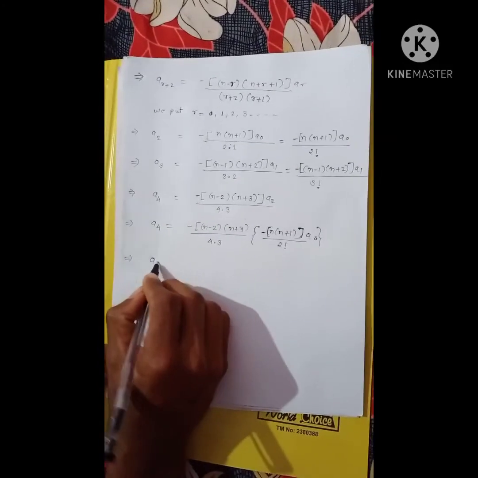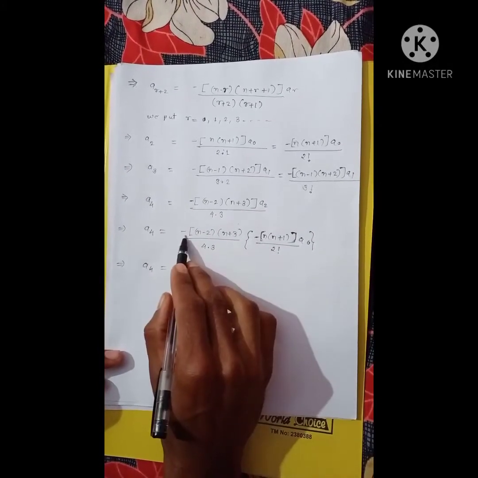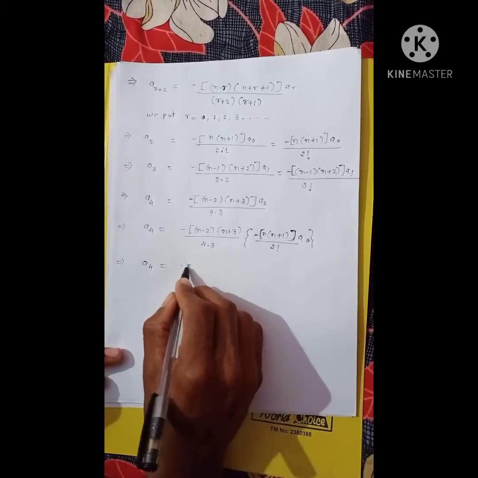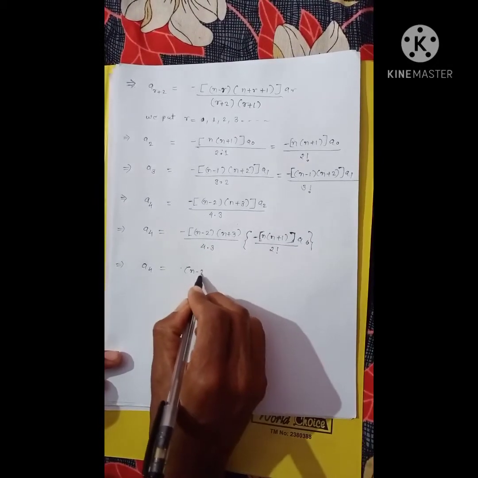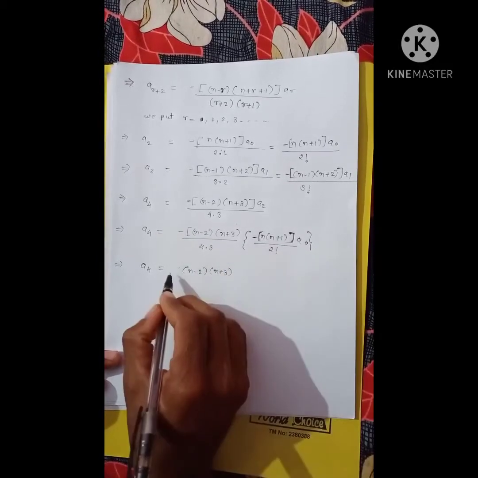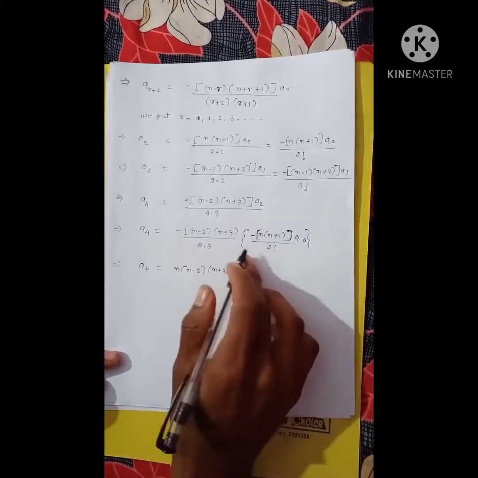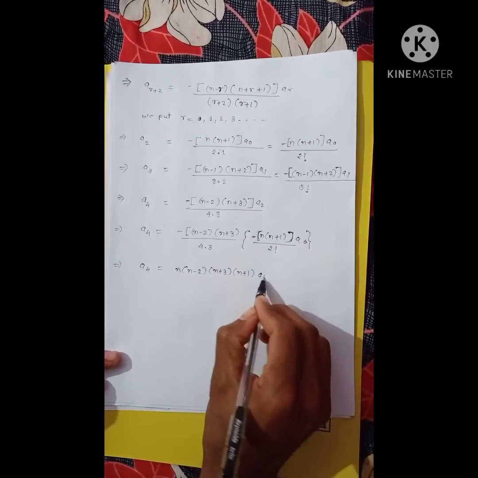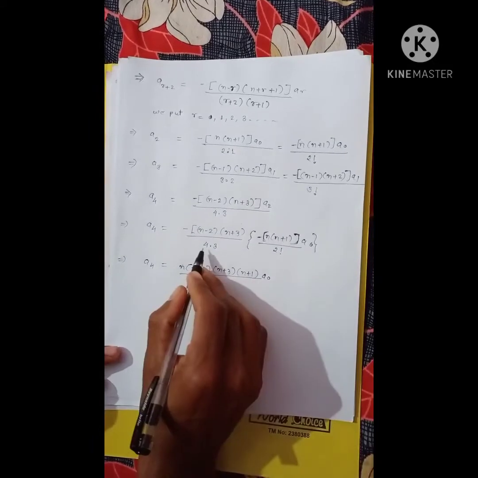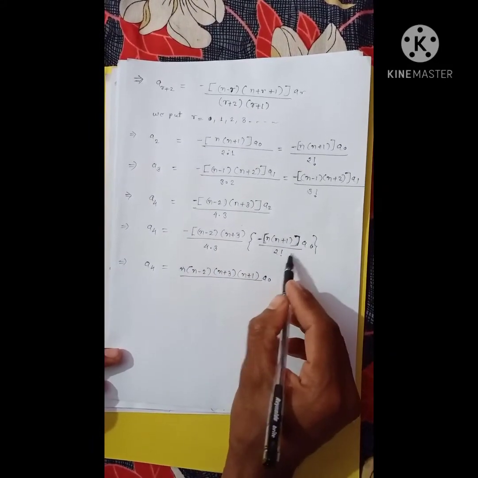And now a4 is equal to minus into minus becomes plus. So (n minus 2) into (n minus 3) into n and (n plus 1) a0 upon 4 into 3 into 2 factorial. 2 factorial means 2 into 1.